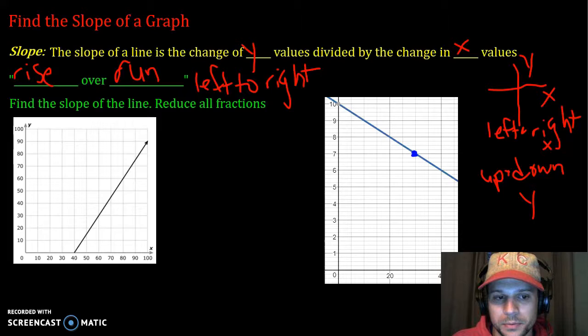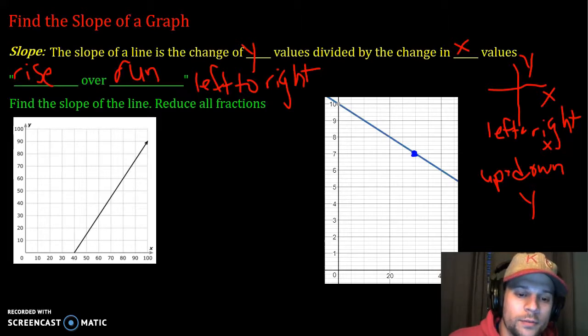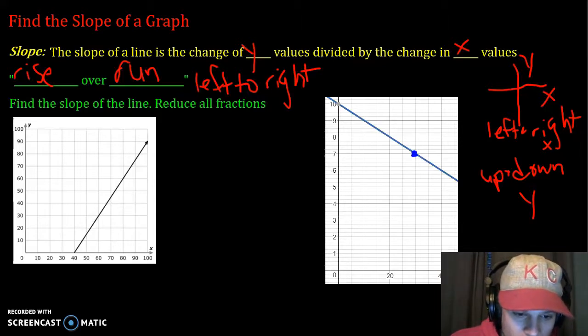for finding the slope. So in order to find the slope of your line, you need to be able to determine some key points within the graph and how to read a graph. Your x-axis, again, is your left and right one right here. We have a point that right now starts at 40 and 0.